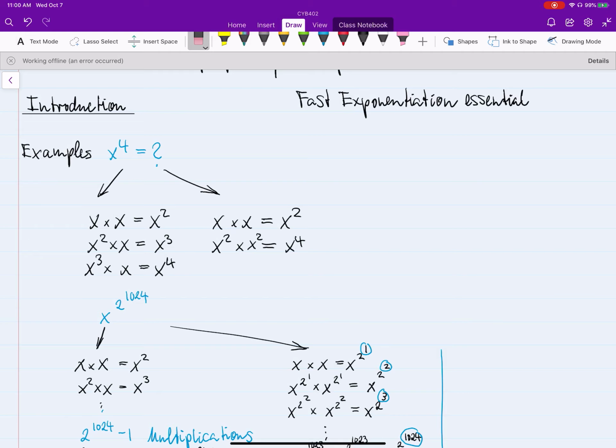So the other way how to do it is we compute x times x, which is x squared. Now we know that x to the 4th is x squared times x squared. So in other words, what we do here is we compute x squared times x squared.